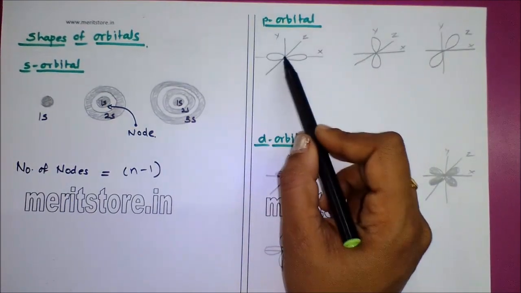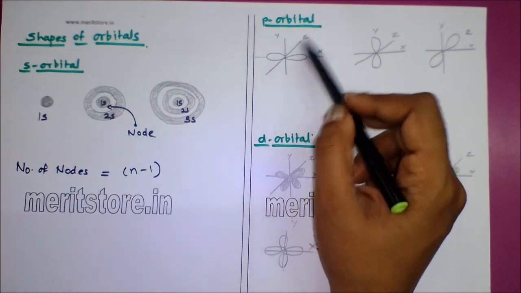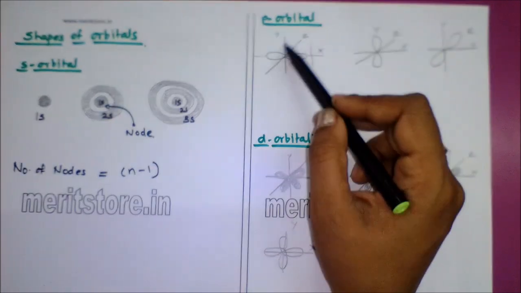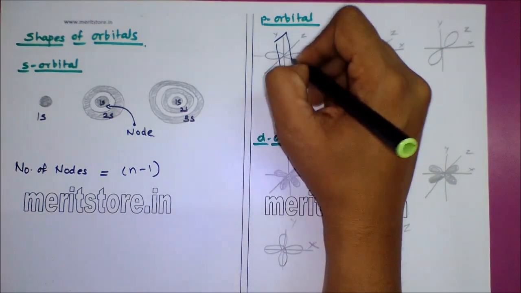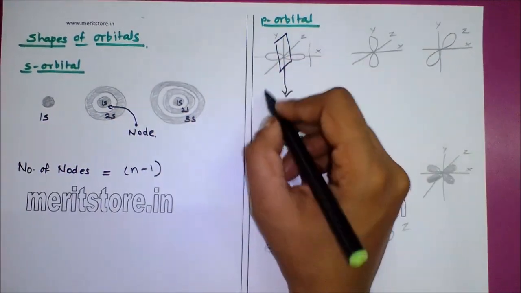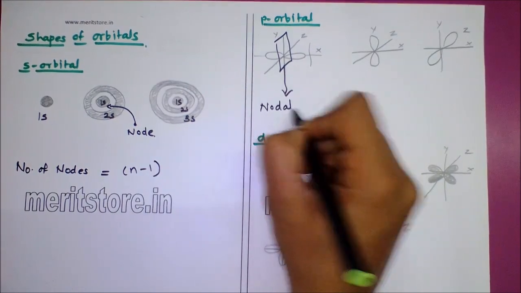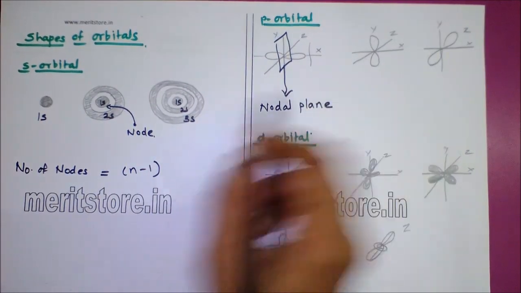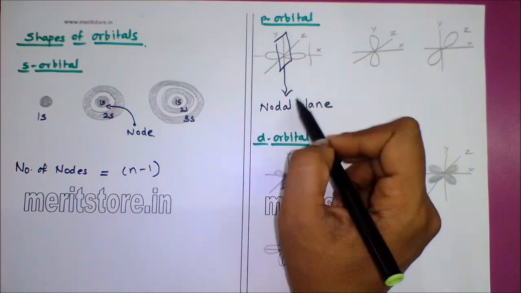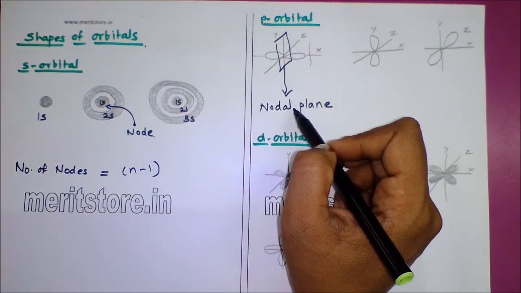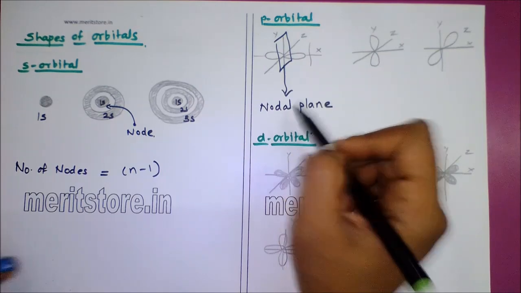The two lobes are separated by a plane having zero probability, and this plane where the probability of finding an electron is zero, we call the nodal plane. So like in the case of the s orbital we have a node, for the p orbital we have a nodal plane where the probability of finding an electron is zero.